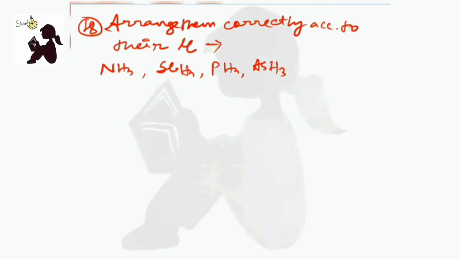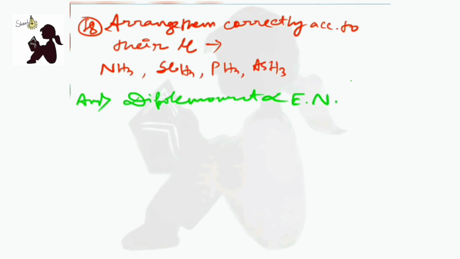So let's see the 18th question. They said arrange them correctly according to their mu, that is dipole moment. Now dipole moment, we all know, I have written in the first question also, is directly proportional to electronegativity.